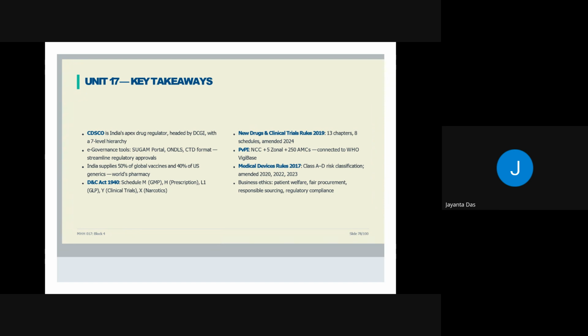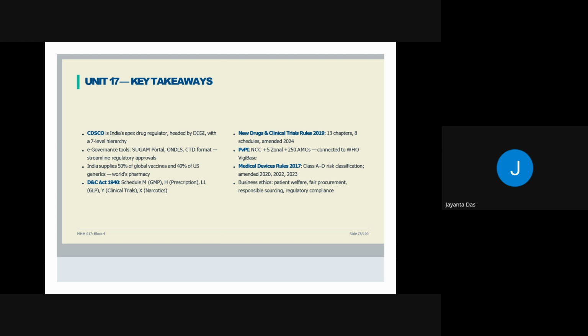So, the key takeaway from Unit 17, that is CDSCO, is India's apex drug regulator headed by the DGCI with a 7-level hierarchy, e-governance tools, which are the Sugam portal, ONDLS, CTD format, which help us further streamline and bring in transparency.